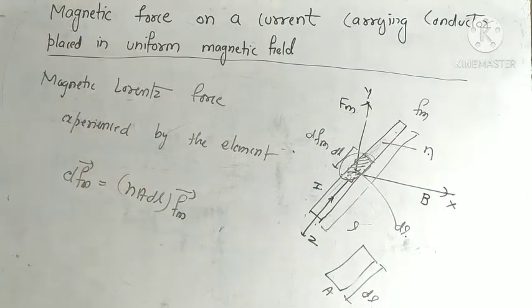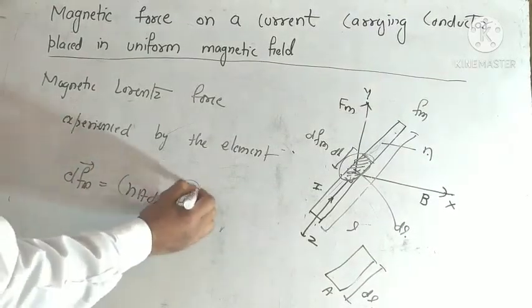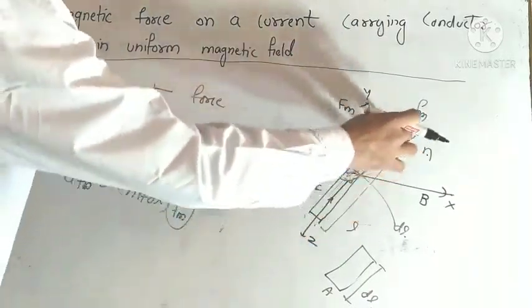I mean, the total Lorentz force working on this conductor is Fm.